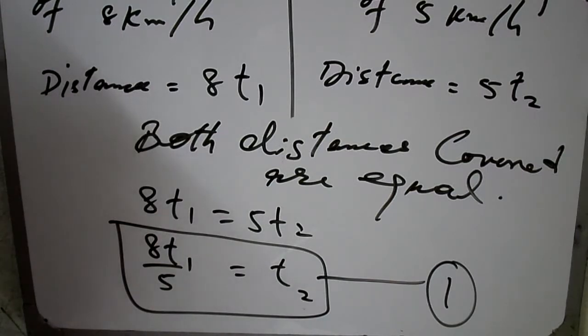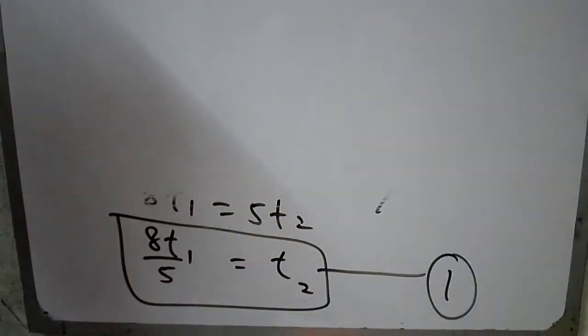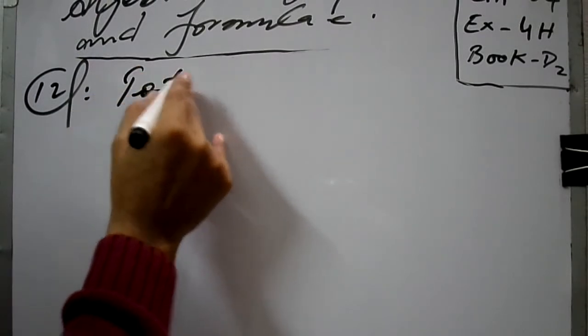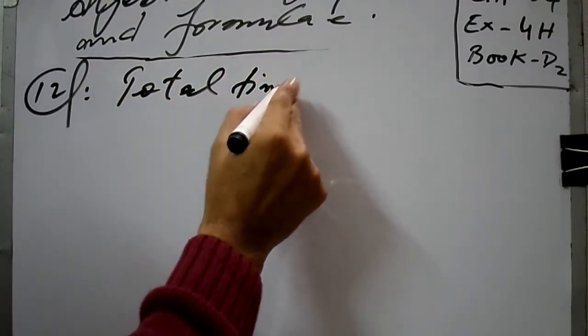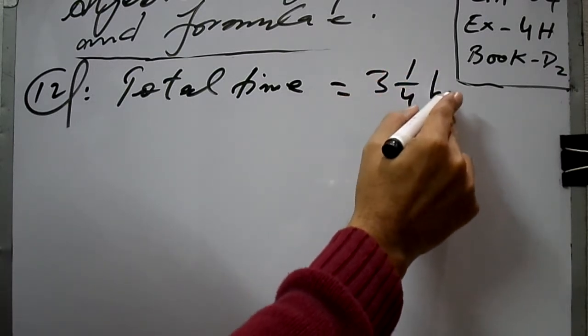Total time is also given to us. Total time is equal to 3 whole 1 by 4 hours.